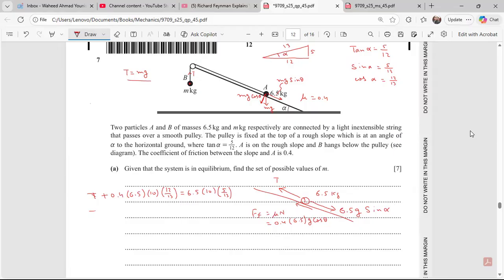This is T plus, if I calculate all these things quickly, 0.4 times 6.5 times 10 times 12 divided by 13. It came out to be 24.